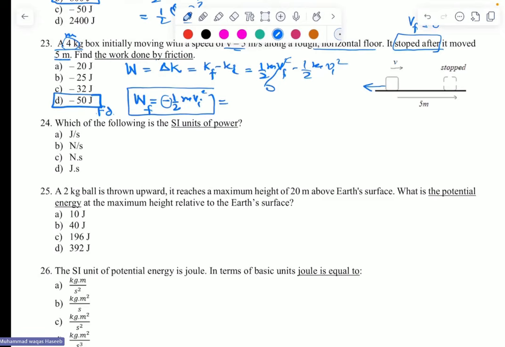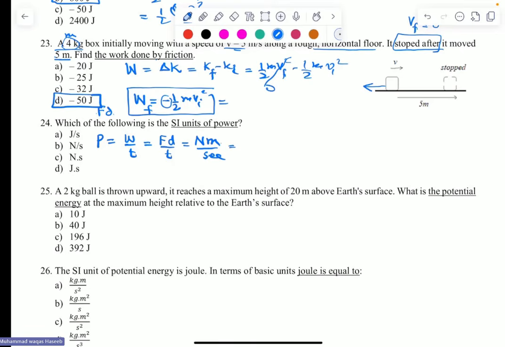Question number 24, rather easy. Which of the following is the unit of power? Power is defined as the rate of doing work, so work divided by time. Work is nothing but force times displacement. So you can write it as Newton meter divided by second.